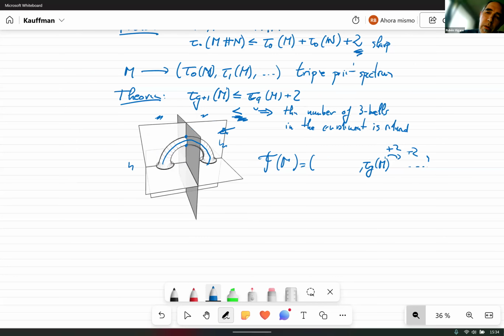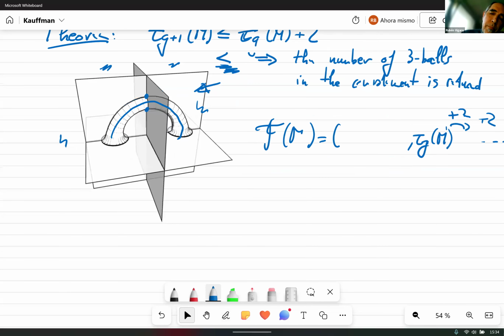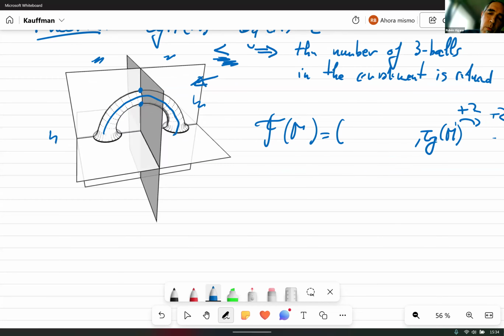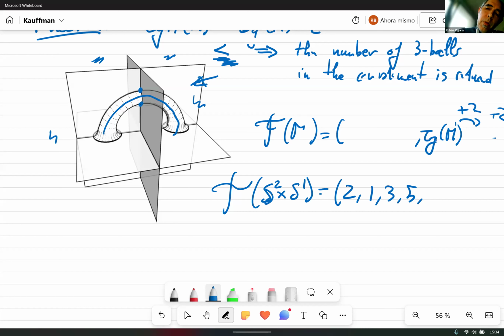We have proved, sorry, that the triple point spectrum of S2 cross S1 is the smallest possible one: 2, 1, 3, 5, etc. And we could prove that the triple point spectrum of the 3-sphere is 2, 4, 6, 8.